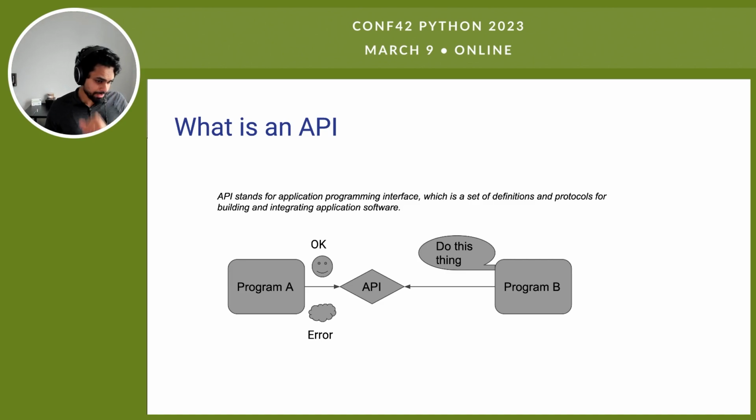So in this example here, we see program A has its API that it exposes to allow anything to communicate with it. And program B, if it wants to communicate with program A, will do so via the exposed API. So here program B invokes the API on program A and asks it to do something, and program A can either respond with an OK or an error.